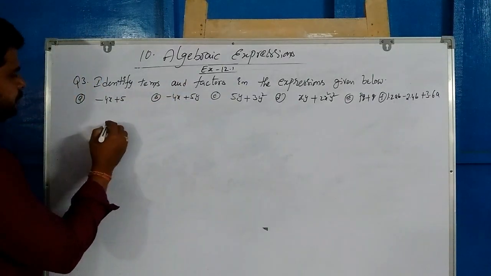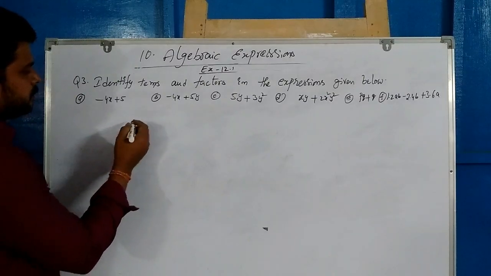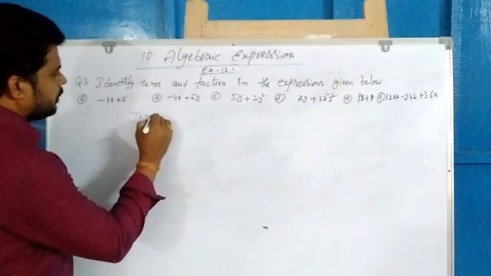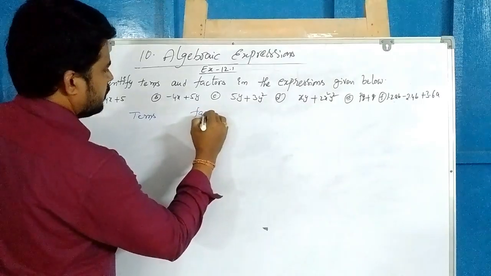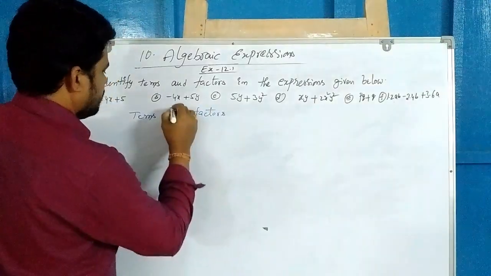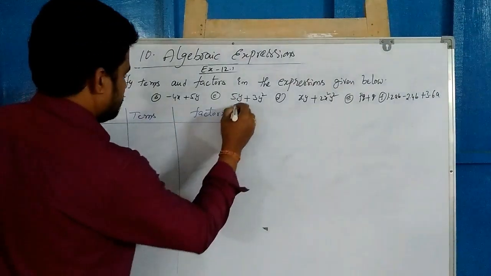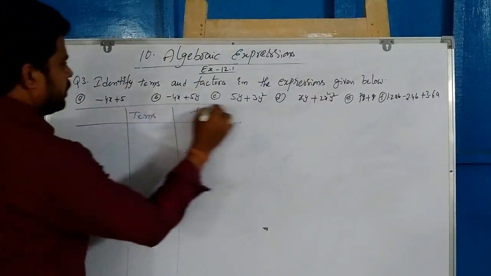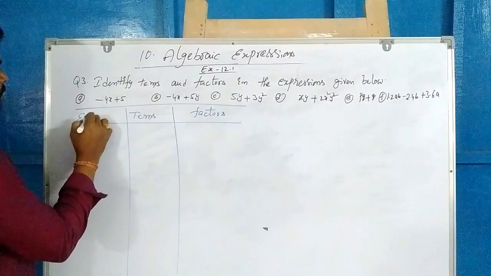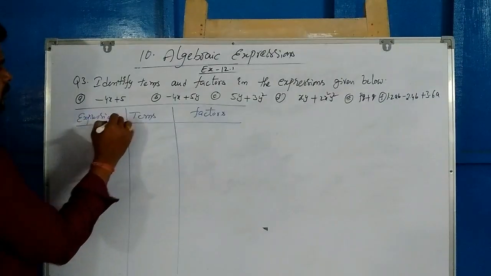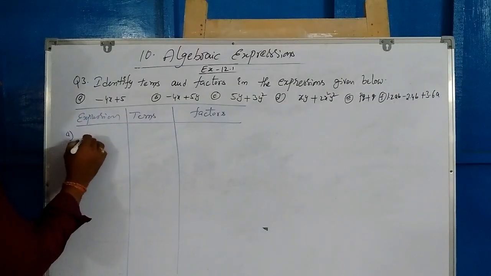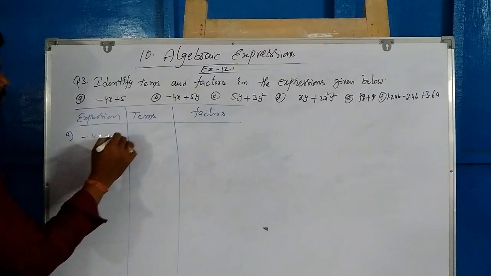So what is the first one? Minus 4x plus 5.